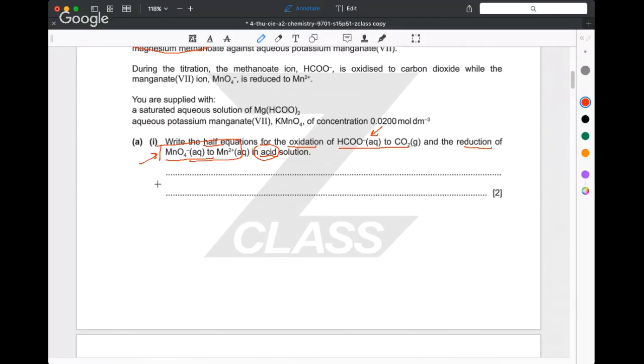And so the way that you do that, if I take this one here, is that you write on the left-hand side the reactant, and of course on the right-hand side you write the product. Okay, pretty obvious starting point. And your next step is to say, well, what is the oxidation state of the manganese, or the oxidation number?